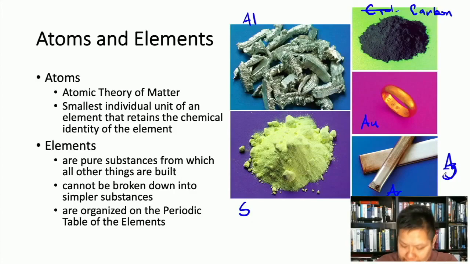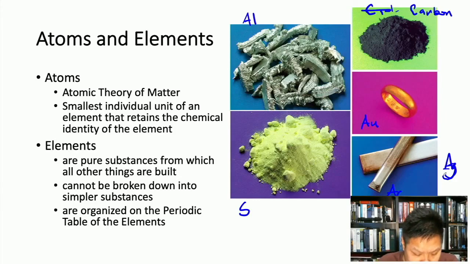The reason why I always got confused is because G is gold, and then you have the G down here for the silver. But it turns out that these elemental symbols are based on the Latin word for the respective elements.